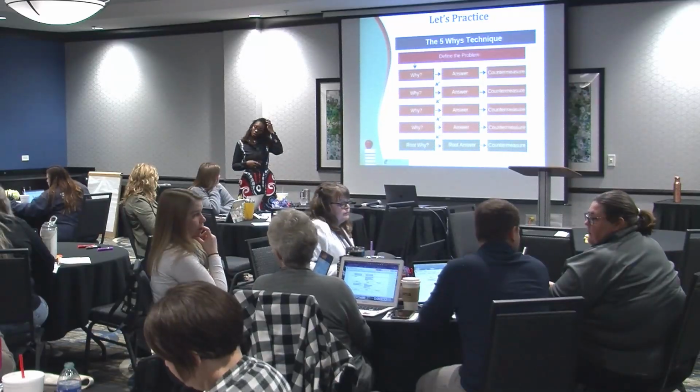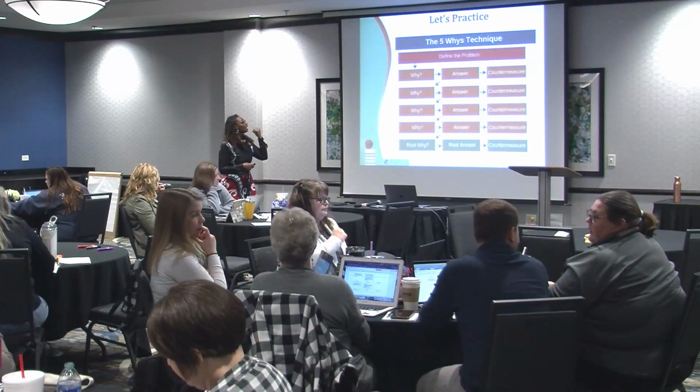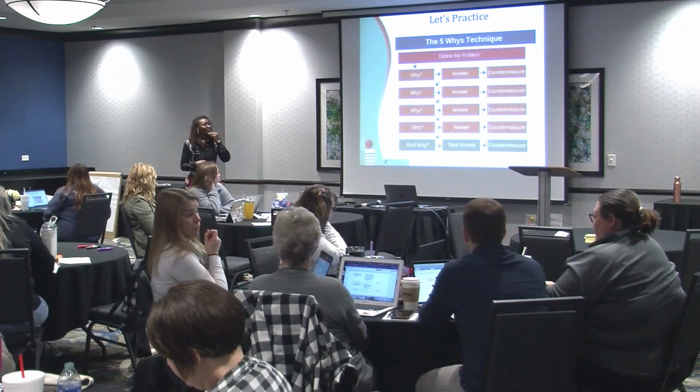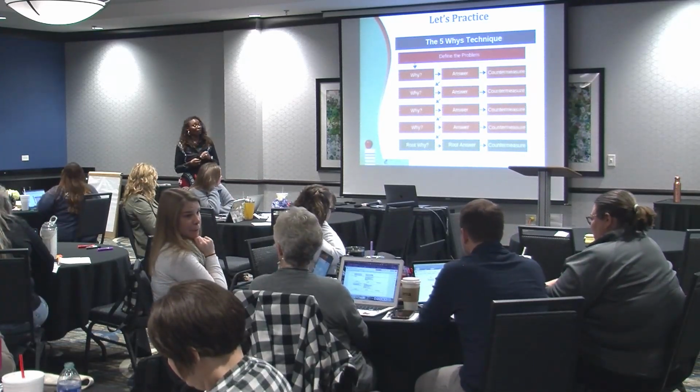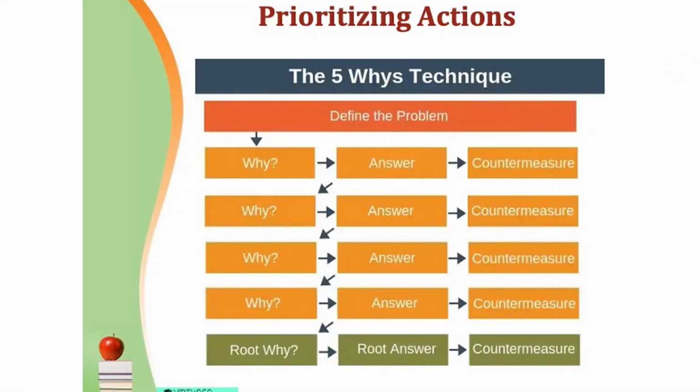All right? So the takeaway from this, I want you to get to a place where you find yourself at a root why and a root answer. Some of you need a couple more iterations to do that. You might need to explore one more bullet.